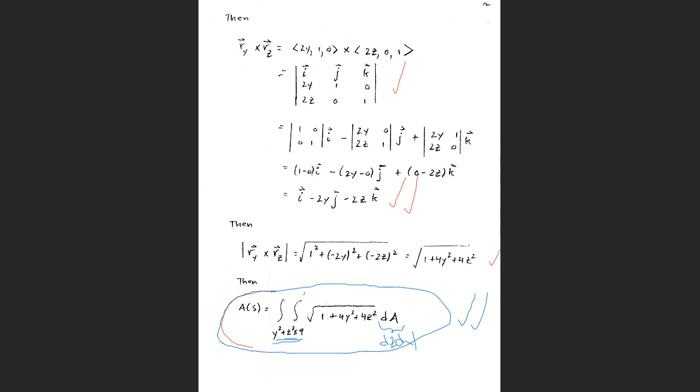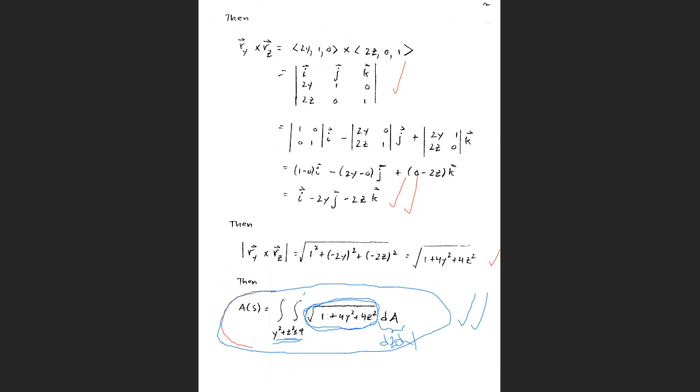Can we integrate this integrand with respect to z? Is this easy to do with respect to z? Not easy. Does anybody have any suggestions? I agree, it's not easy.